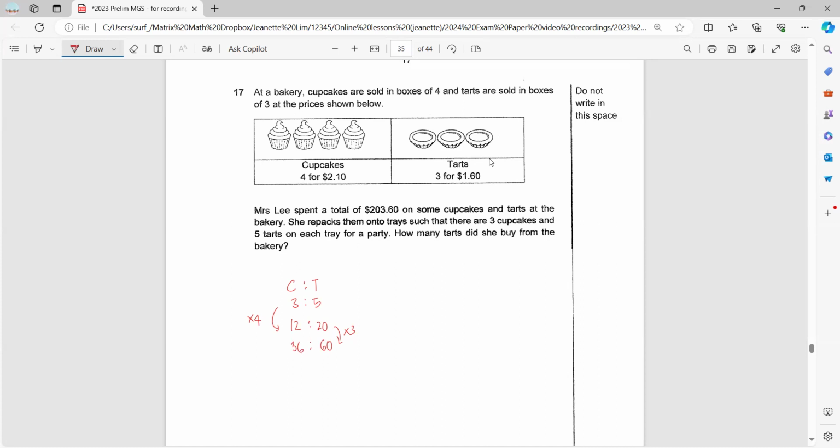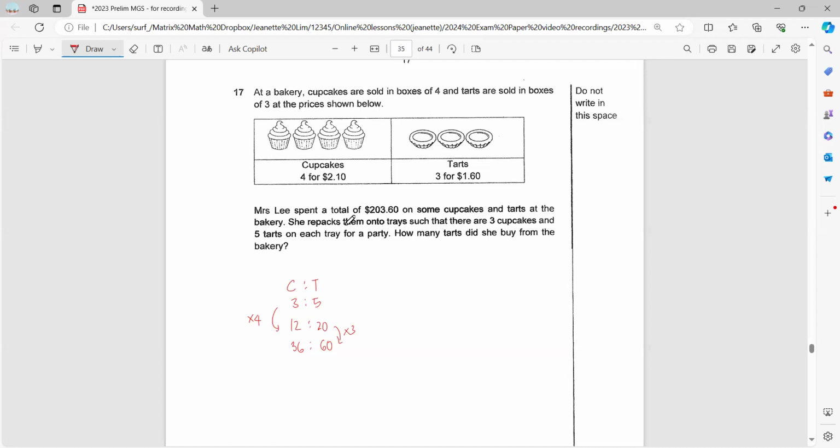Okay, so this is the minimum possible combination of cupcakes and tarts. 36 cupcakes, 60 tarts. That will give us just enough to be able to buy cupcakes in groups of 4 and tarts in groups of 3 and yet have 3 cupcakes and 5 tarts on each tray.